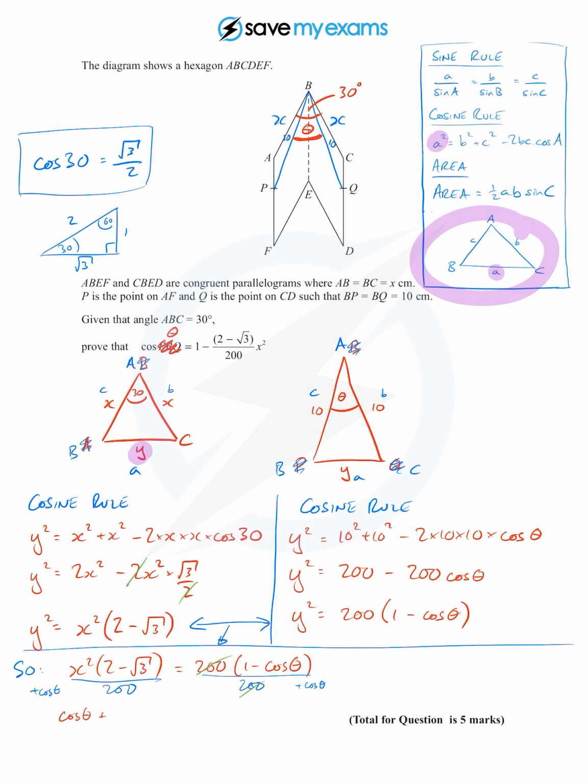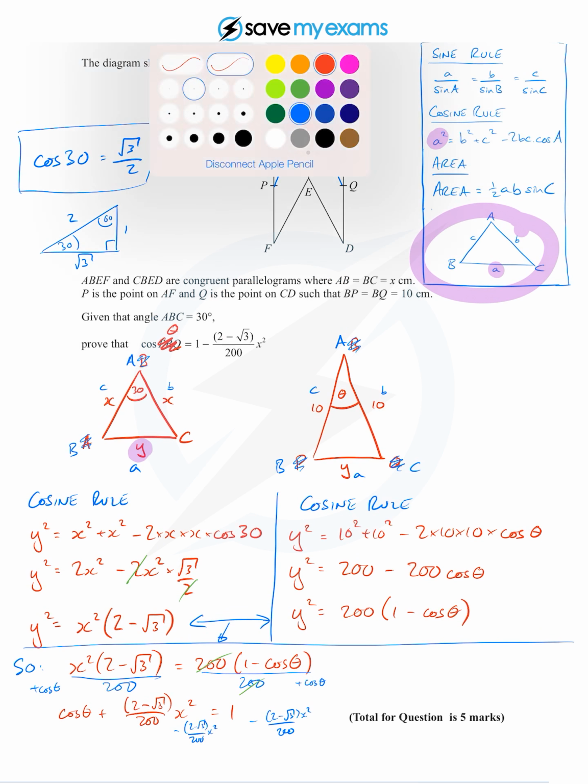cos theta plus, as it's written in the question, 2 minus root 3 over 200 times x squared is equal to 1. Then all I have to do is subtract the fraction from both sides: minus 2 minus root 3 over 200 x squared from that side, and subtract 2 minus root 3 x squared over 200 from that side, and I really have got what I'm asked for.